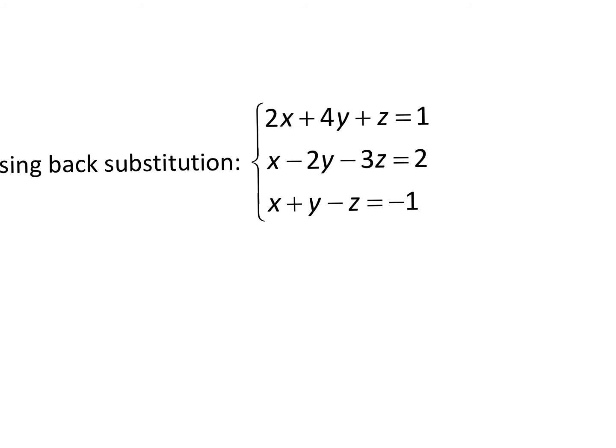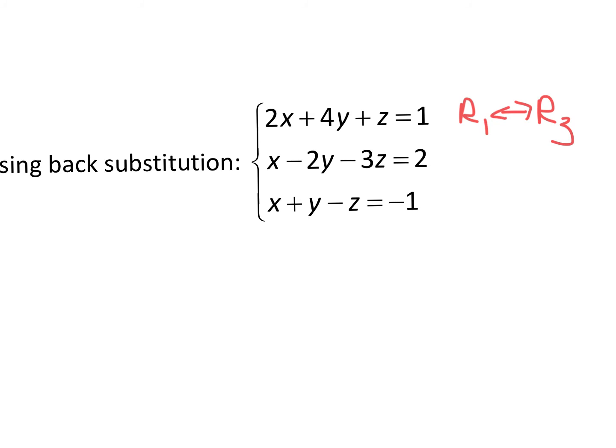So I could row swap row 1 and row 2 because I have a 1x, or I could do row 1 and row 3. I think row 3 is a little nicer because I have x, y, and negative z. That's a little nicer than 1, negative 2, negative 3 as coefficients. So the first step to get that 1x in the top corner is what is called row swapping.